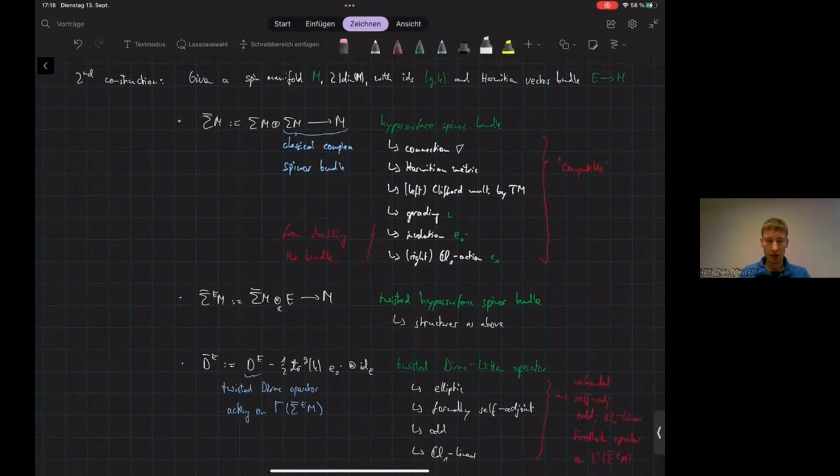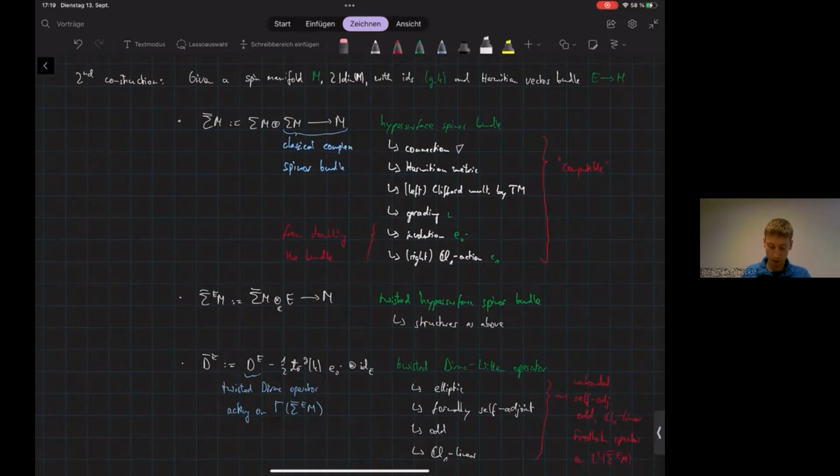And the K is used with a canonical operator that we now define on this. And this canonical operator is, well, it's basically the twisted Dirac operator, but its zero order term is a bit changed.